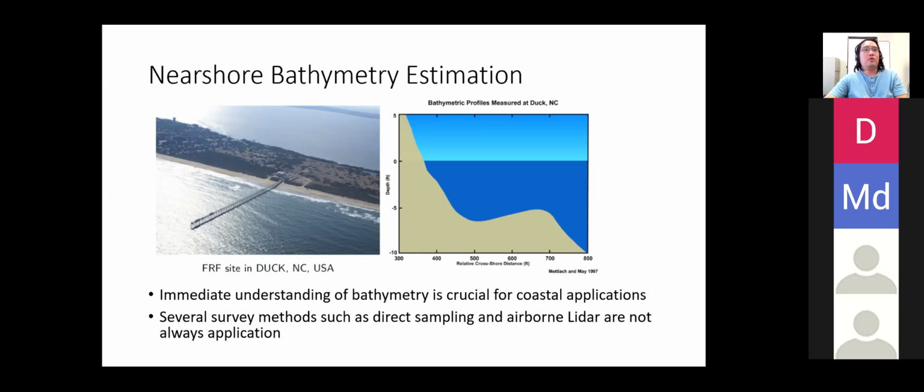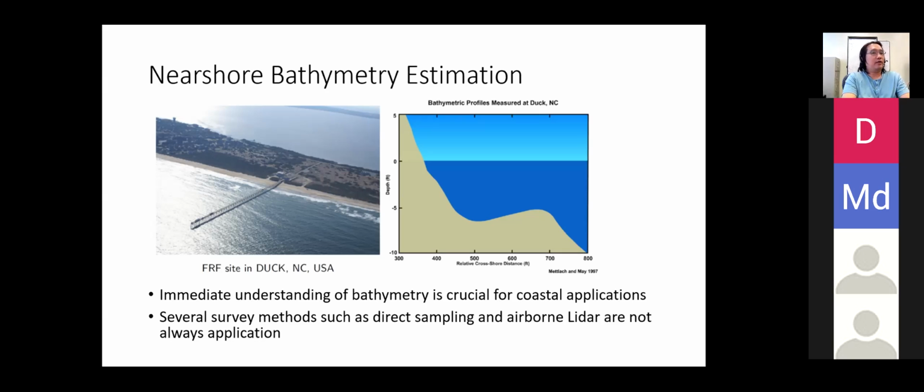In many cases, especially in Hawaii, people use direct sampling and airborne lidar, which are remote sensing techniques. If you have very clear water, these remote sensing techniques give a very accurate estimation of the depth of the bathymetry.